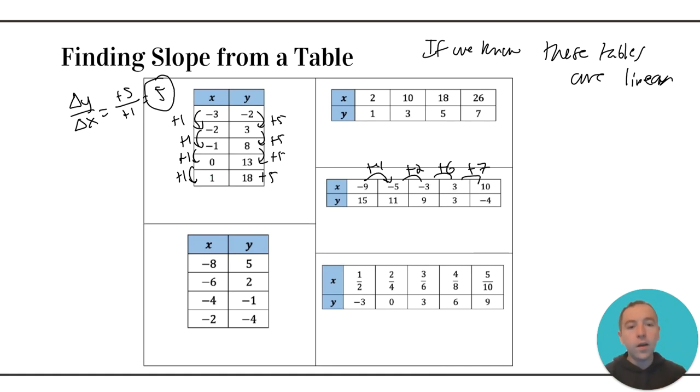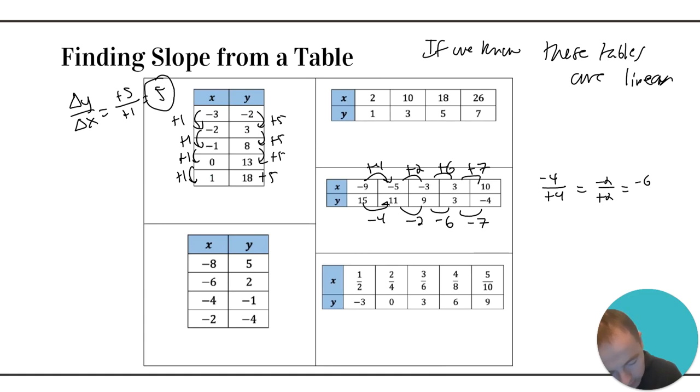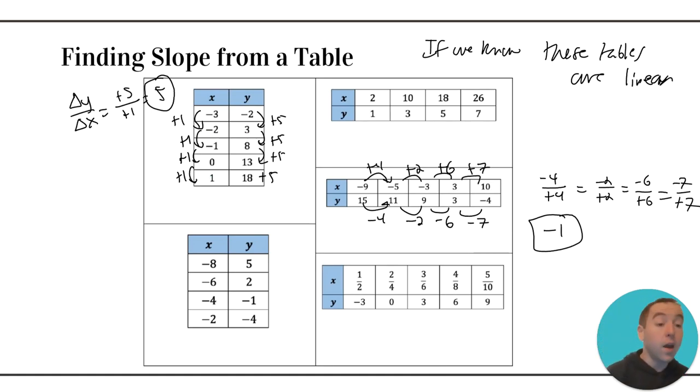But if you find the change in the y as well, where you're subtracting 4 there, and then here you're subtracting 2, here you're subtracting 6, and here you're subtracting 7, and then you find the ratio of the rise over the run, so make sure you always put the change in the y on top, you would find that all of these ratios are going to be equal to each other, right? And so when those ratios are all equal, you know you actually have a line. And so in this case, the slope would be -1, because that's what all of those fractions are going to reduce to, right?